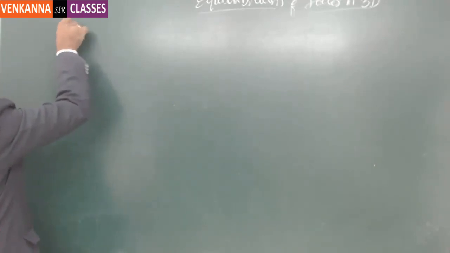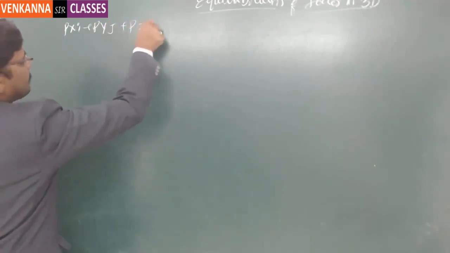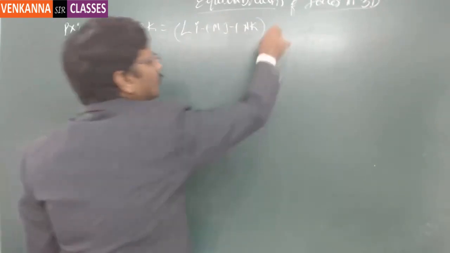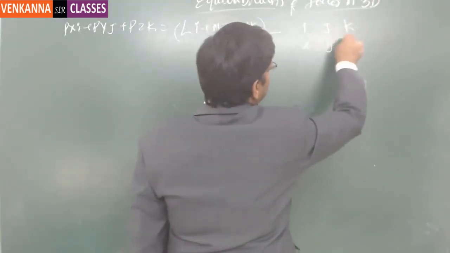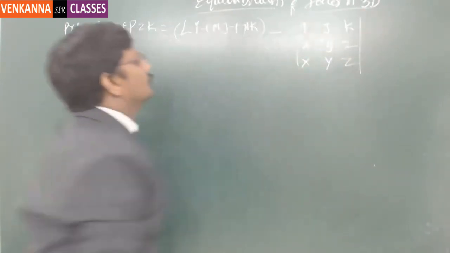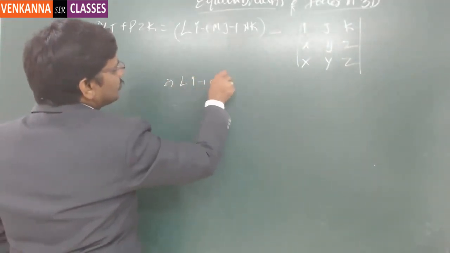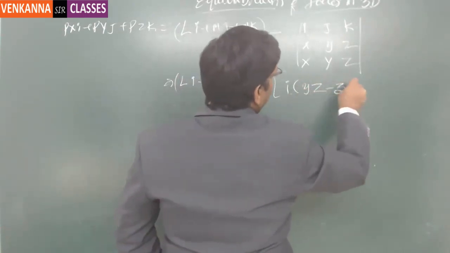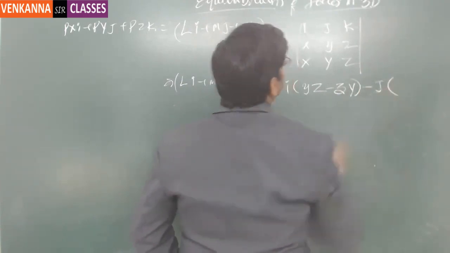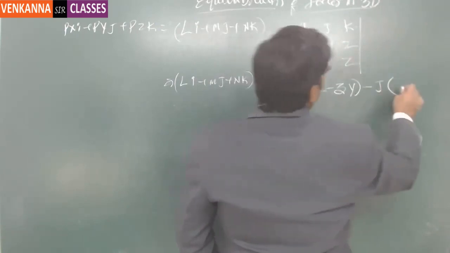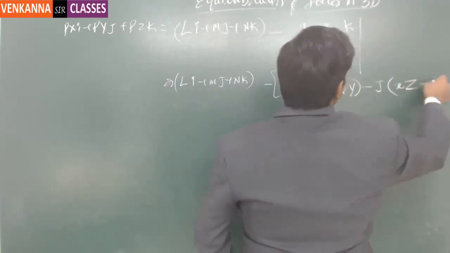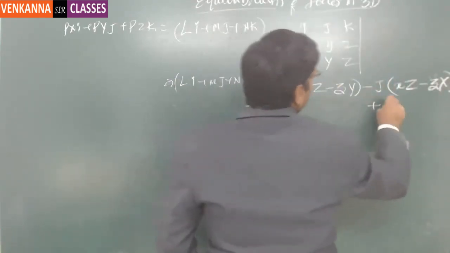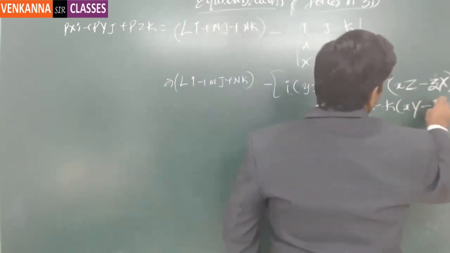Now this side what we have got is Pxi plus Pyj plus Pzk is equal to Li plus Mj plus Nk, which is nothing but the G value, minus the determinant of i j k, x y z, and capital X, capital Y and capital Z. So if I further simplify it, Li plus Mj plus Nk minus i times (yZ minus zY), minus j times (xZ minus zX), plus k times (xY minus yX).